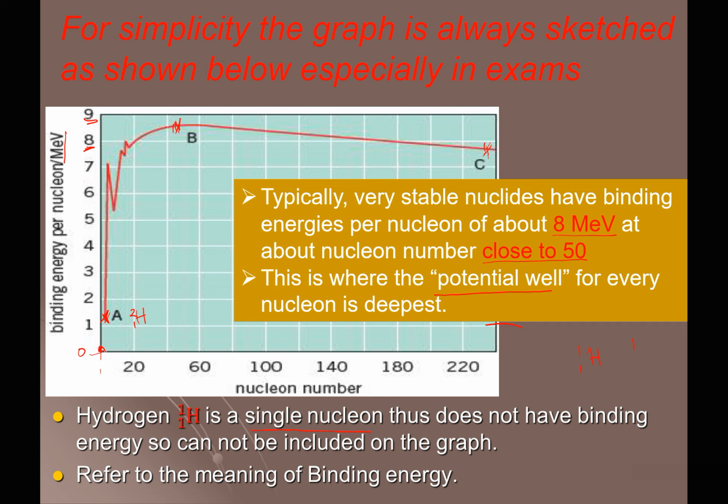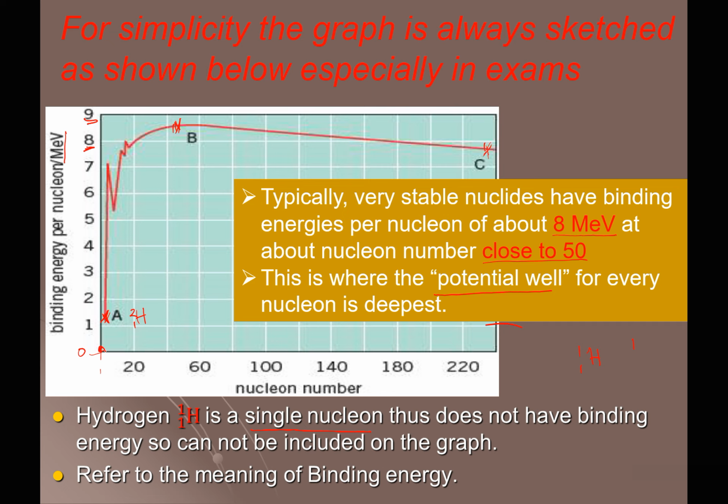Okay, so having established the fact that nuclei whose nucleon number is close to 50, or around 56 where we expect iron to be, are extremely stable and have the greatest binding energy per nucleon, what happens to lighter nuclei and what happens to heavier nuclei?